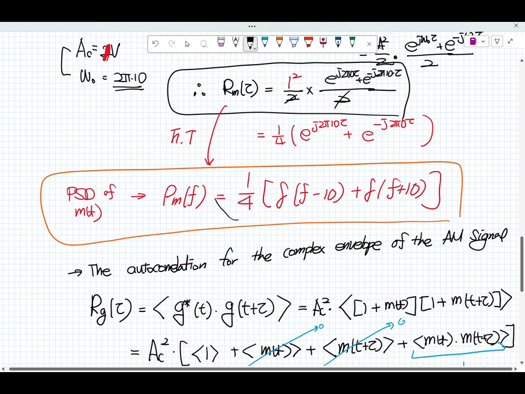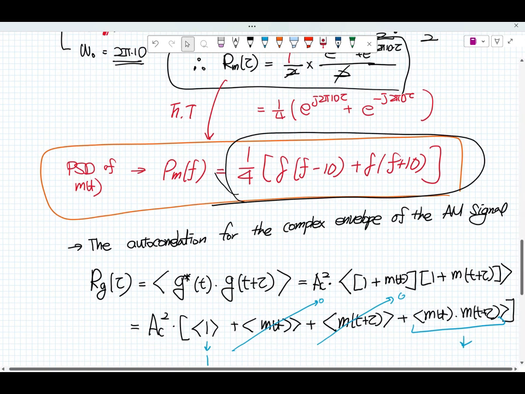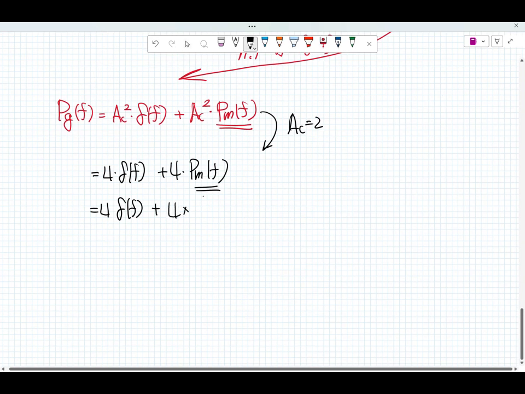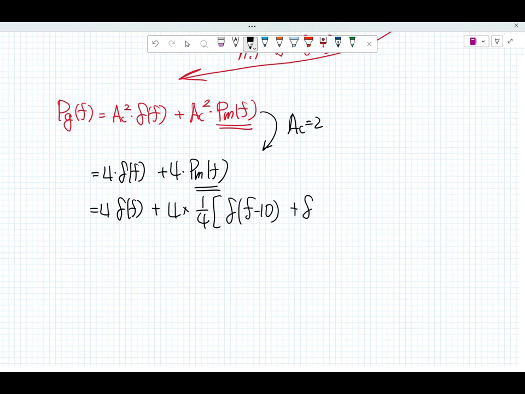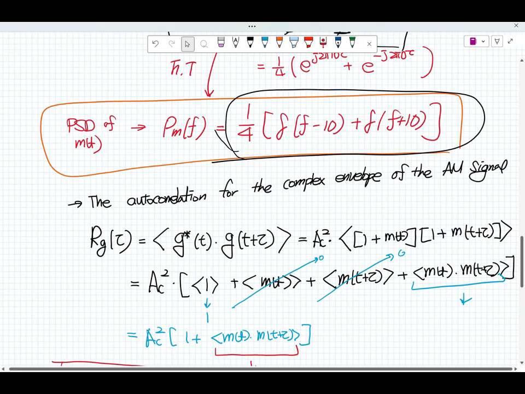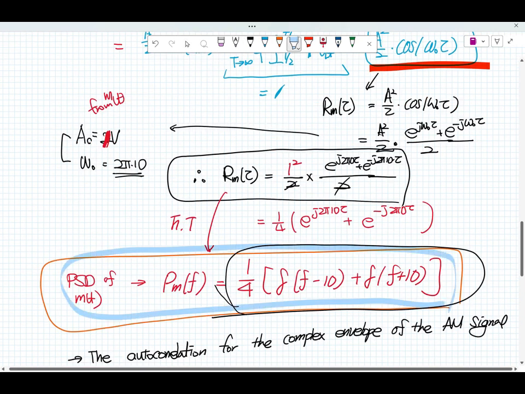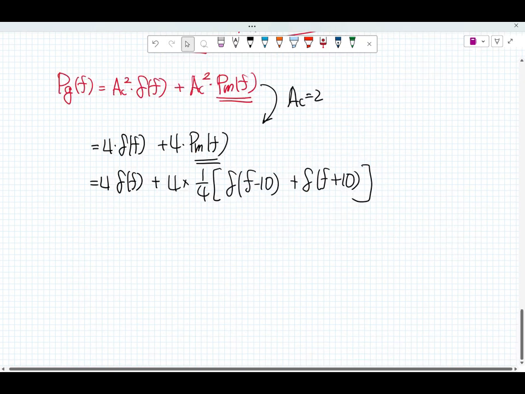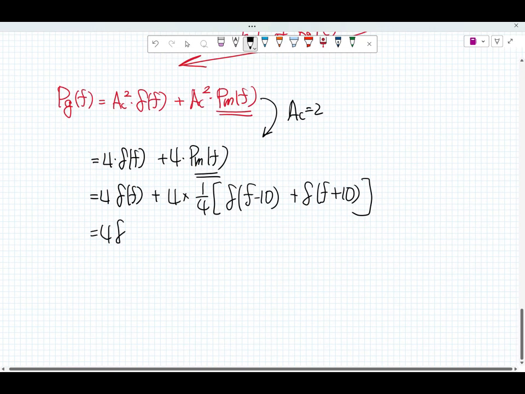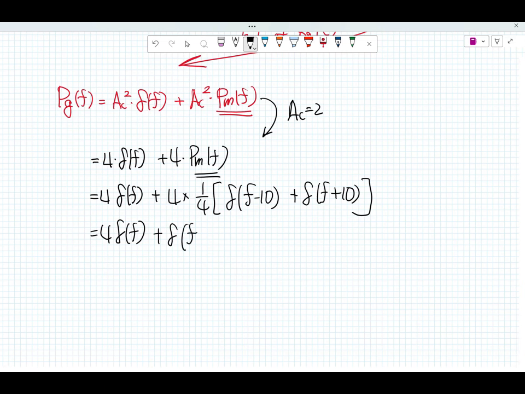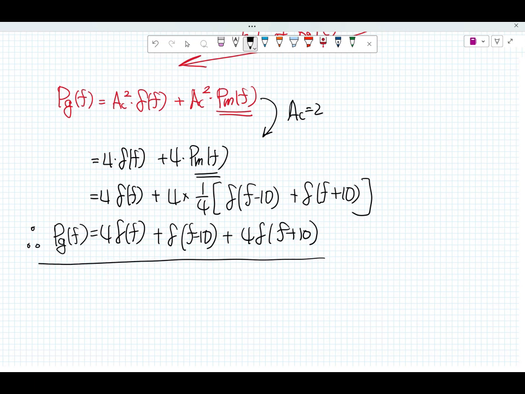It's 1/4 times 1/4, delta of f minus 10 plus delta f plus 10. So we're rewriting it as delta of f plus delta f minus 10 plus 4 delta of f plus 10. So that is for what? P sub g of f.